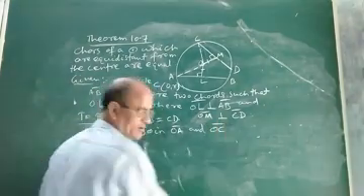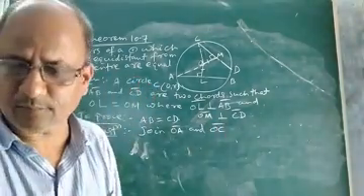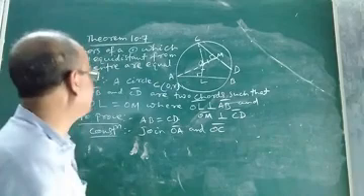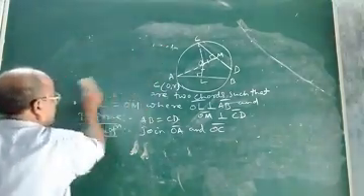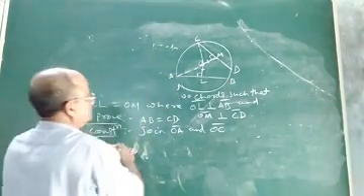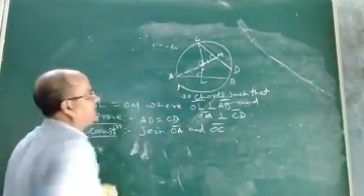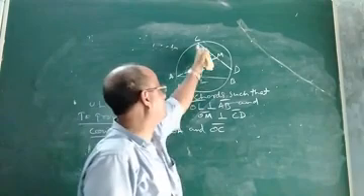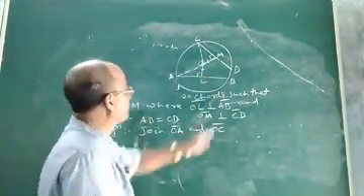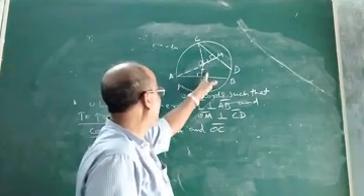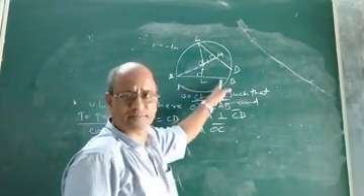Now let us come to the proof part. How to prove that AB will be equal to CD? See children, look at OL perpendicular to AB. It is given.